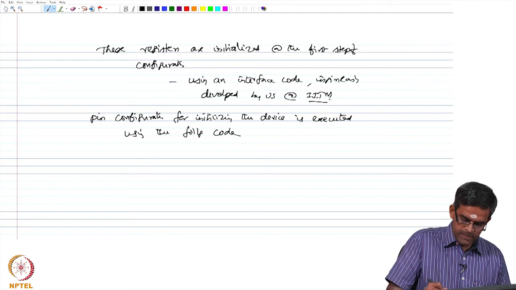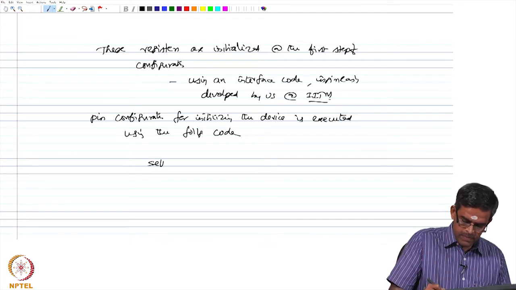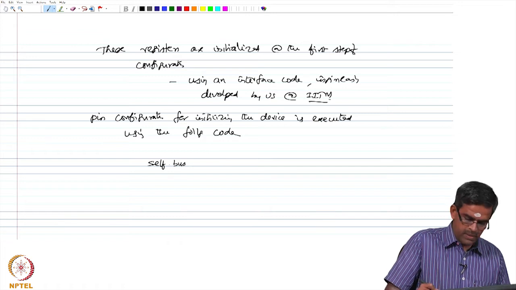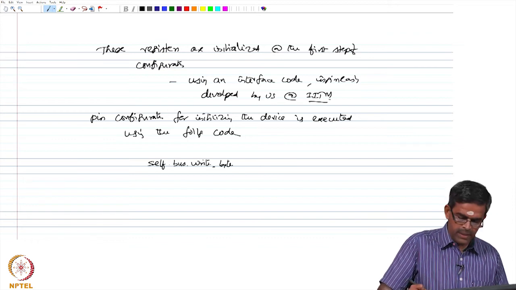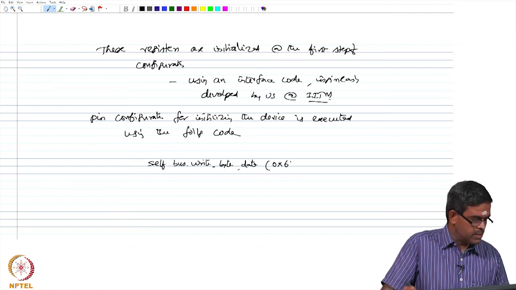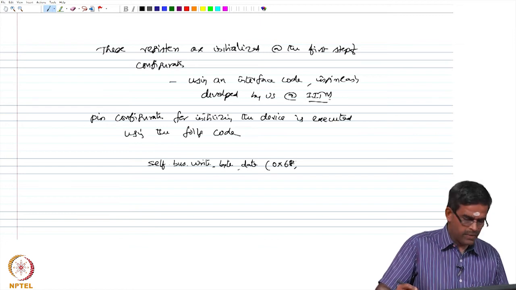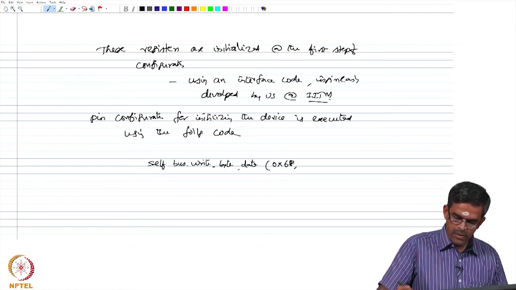Which is, self bus write byte data 0x68, 0x6b, 0x01.